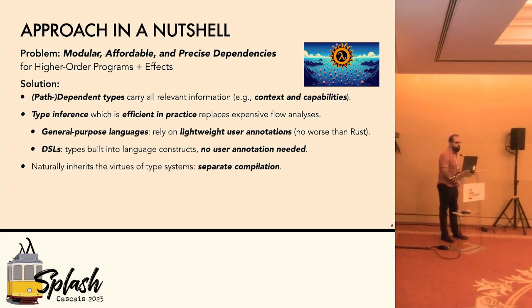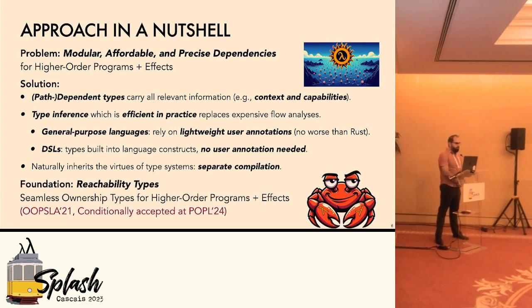Naturally, we inherit the virtues of type systems and get modularity and separate compilation from that. The foundation for this is reachability types, which I presented two years ago at OOPSLA, which is an ownership type system that supports higher order functional programs with effects seamlessly.